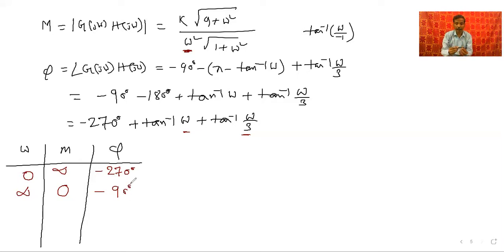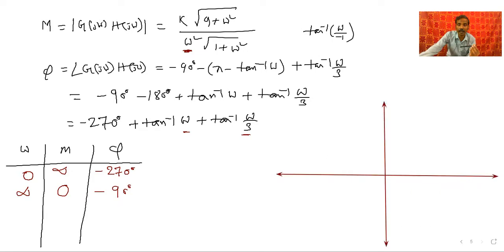So put here the imaginary axis and real axis. Then just draw the polar plot with respect to omega, M and phi.